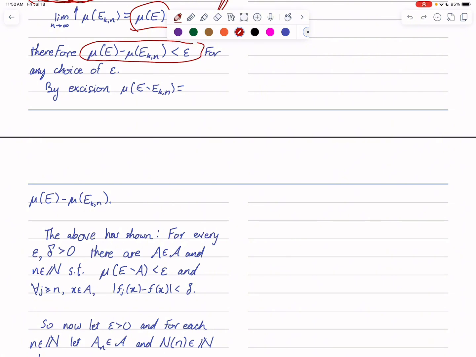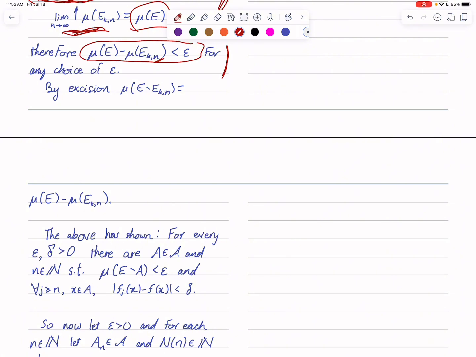There must exist an index n, because of the limit up above, such that the difference between the entire space and this particular E k n is smaller than epsilon. So we have the existence of such an index n, and that gets us a particular set.